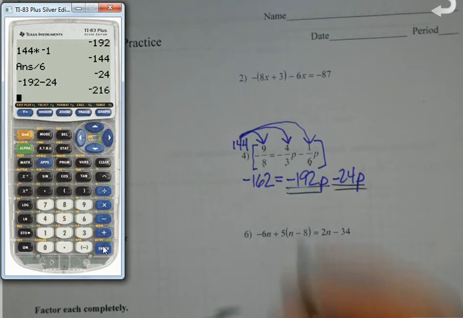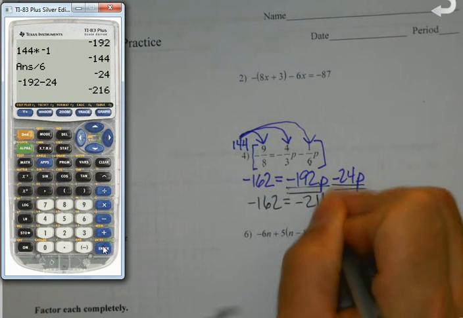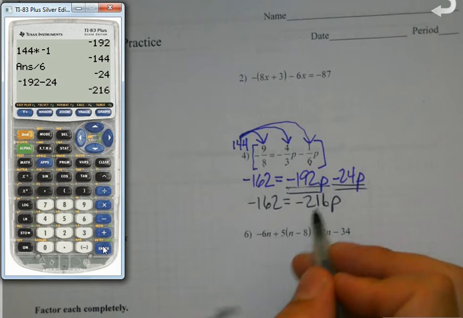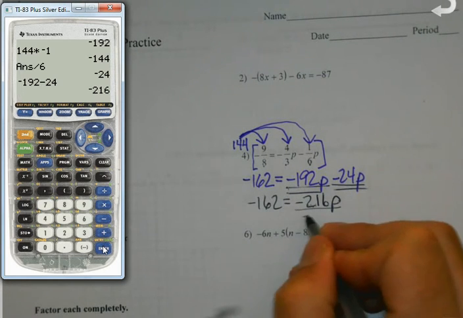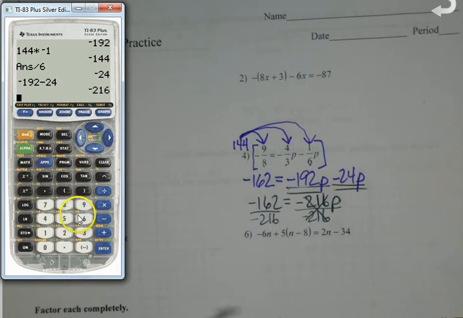Because I don't do opposites, they're on the same side. And then since I'm multiplying p by negative 216, this isn't p minus 216. I don't want to add. Divide by that negative 216.